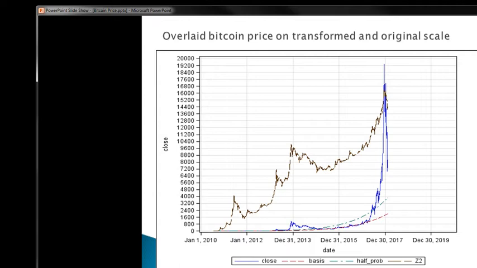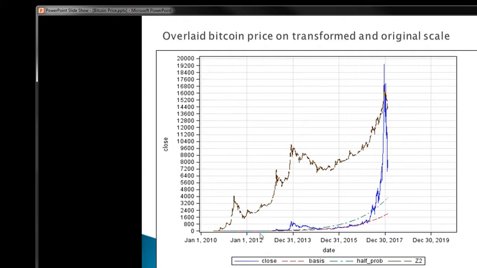And where is the basis? The basis is this red line. So for about 4.5 years, the price of Bitcoin is very close to its basis. We also have this transformed graph, which really represents the periodicity of the Bitcoin price, up and down, up and down.